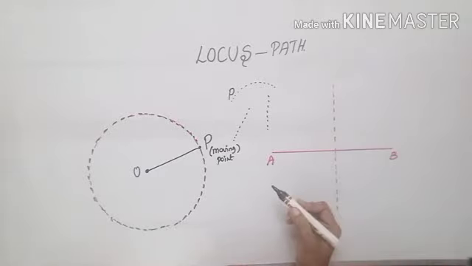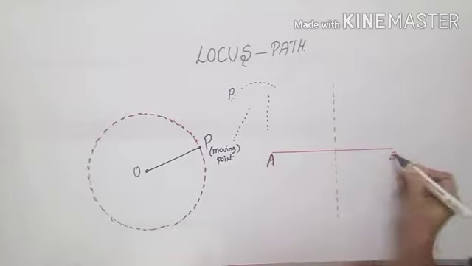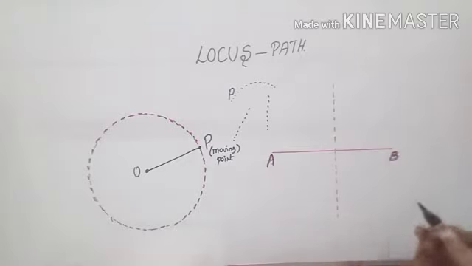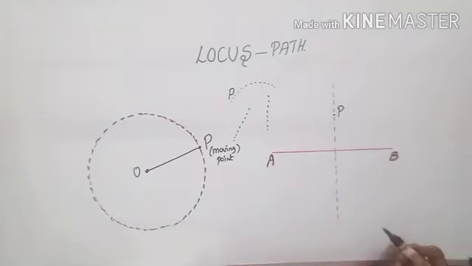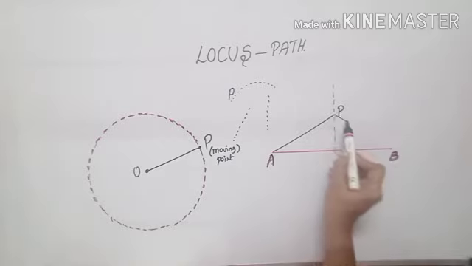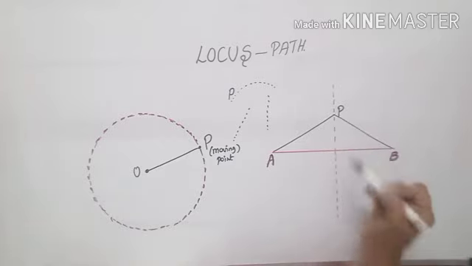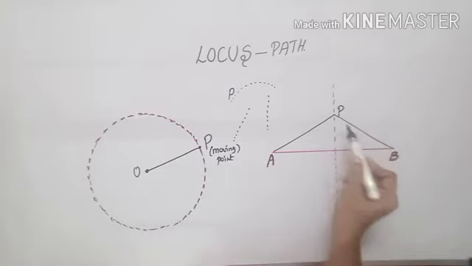The next idea: there are 2 points, A and B. A point is moving, let me say P. How does it move? Distance from A and distance from B are equal. This is 10 meters. This is also 10 meters.